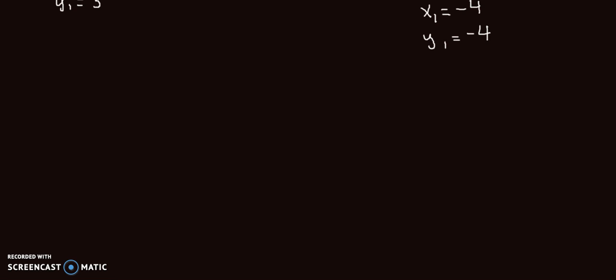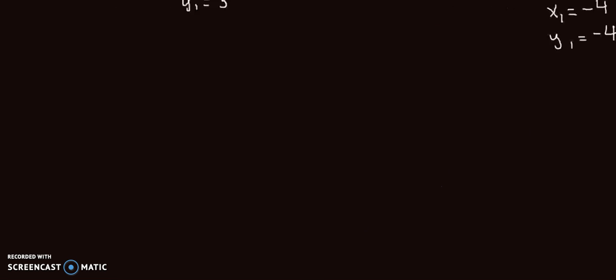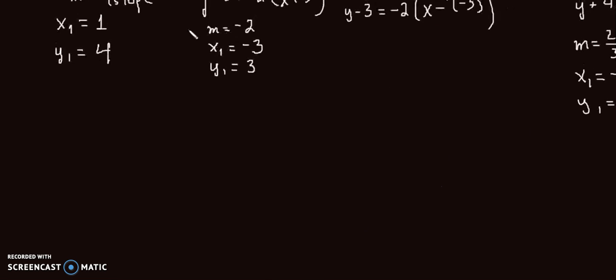Now, what happens if we want to graph a point-slope form? Just quickly, for example, if I have y minus 1 equal to 2 times x minus 2, I would identify my x1 as 2, my y1 as 1, and then my slope is 2.